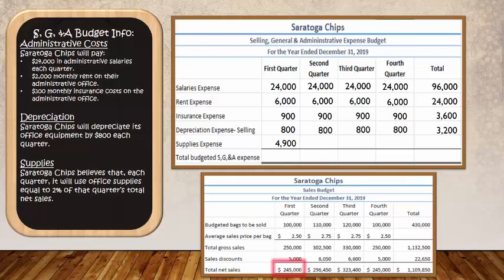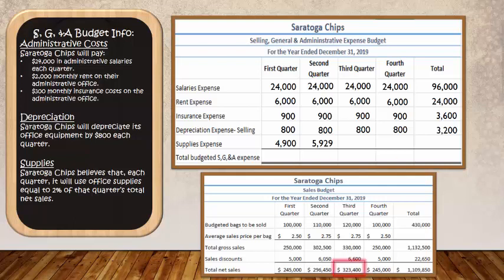$4,900. During the second quarter, our total net sales were $296,450. We take that $296,450, we multiply it by 2%, and we figure out that Saratoga Chips in the second quarter will have a supplies expense of $5,929. We're going to use the same concept through the third and fourth quarter.